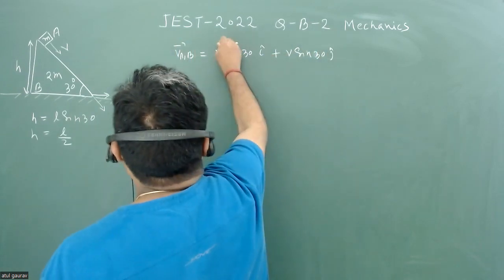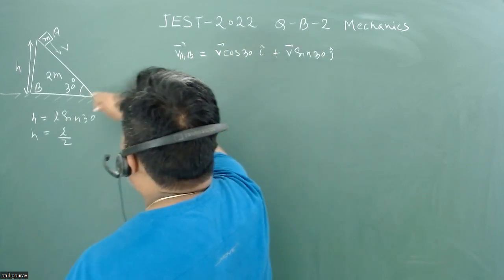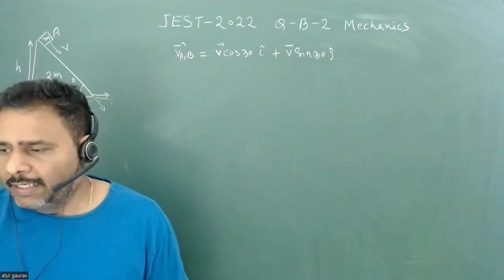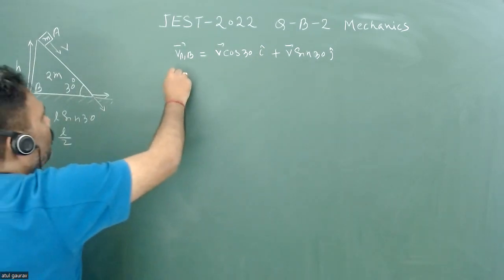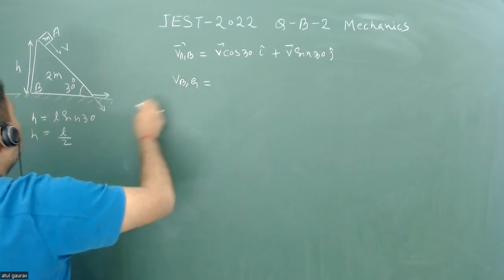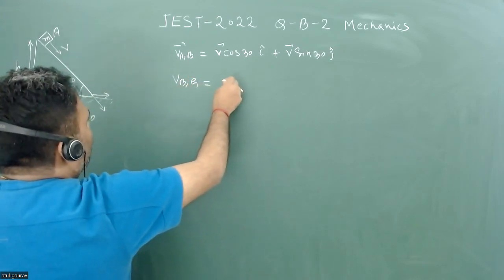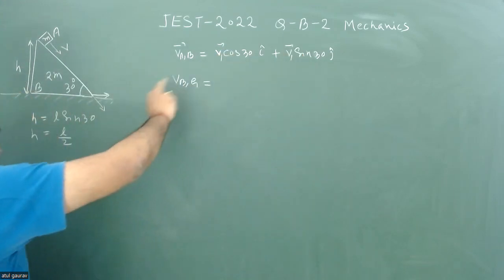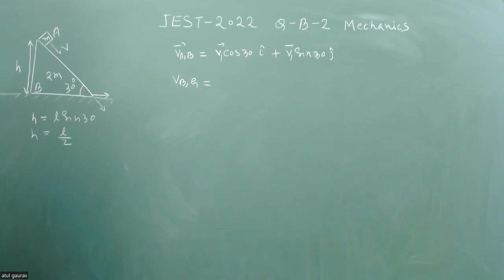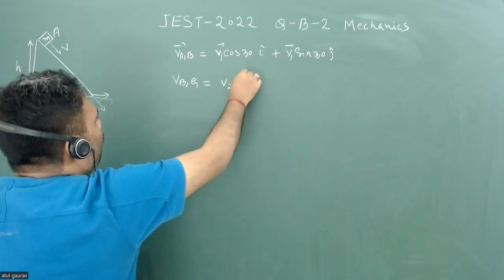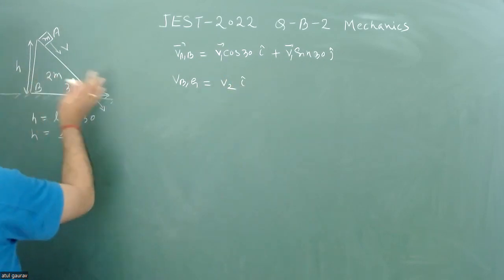So this is the velocity of A with respect to B. We assume the velocity of B with respect to ground is V2 along the i cap direction, going in this direction.